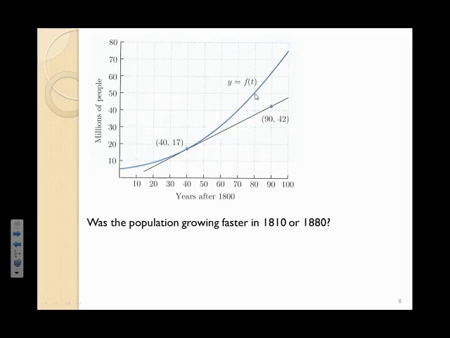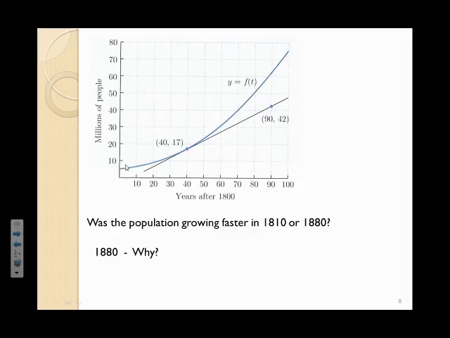So what we want to do is to compare the instantaneous rates of change. Compare the slope here versus the slope here. Now, again, if we had a formula, we could simply do, for example, an f prime of 1810, and compare that to an f prime of 80 for 1880, and we'd have our answer. But since we don't, in this case what we need to do is to look at the slopes.